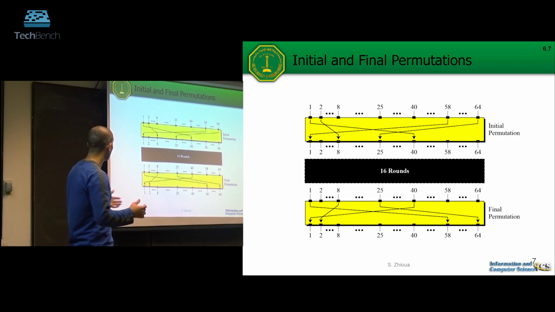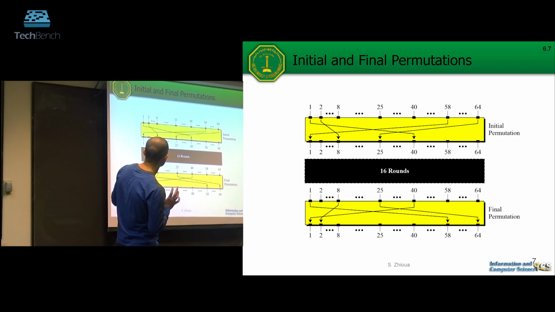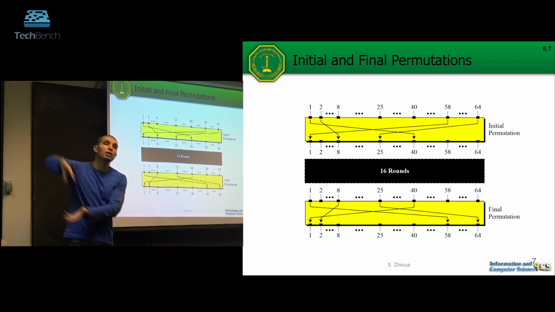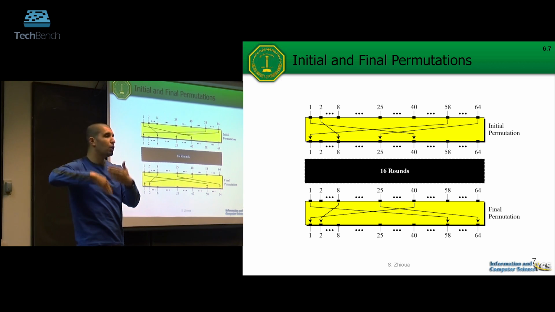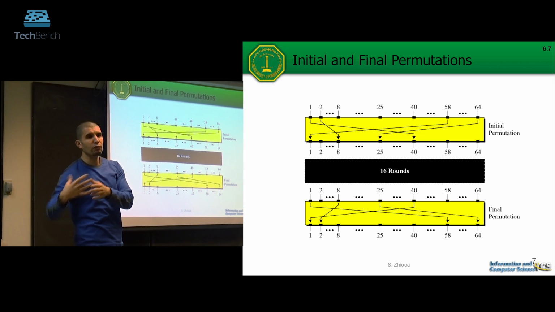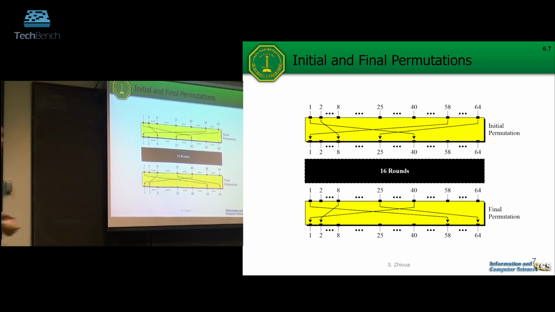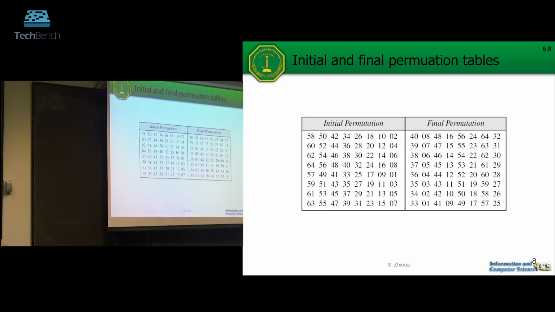It's the exact opposite, and I don't think it's by chance. They chose to do that to make the decryption side 100% reversible, so that if you start from ciphertext, you obtain the initial plaintext. So this is the initial permutation.